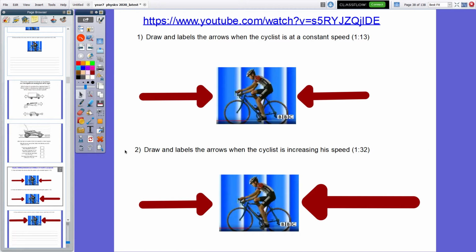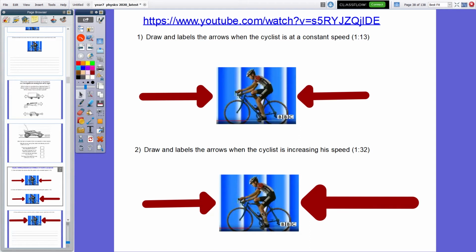So look at question 2, draw the arrows when the cyclist is increasing his speed. Now the key point here is that if you're going to increase your speed and you're already cycling, then you're already going to have some resistive force, call it wind resistance or whatever. But clearly the force that you provide needs to match that and be bigger.